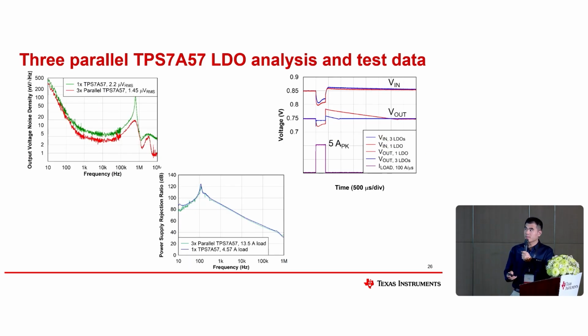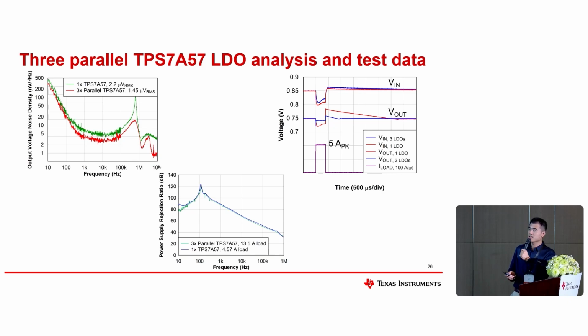Also we compare the noise of one LDO and three parallel LDOs. We can see that through paralleling the LDOs, we can also achieve noise reduction across the frequency range from low frequency to high frequency.